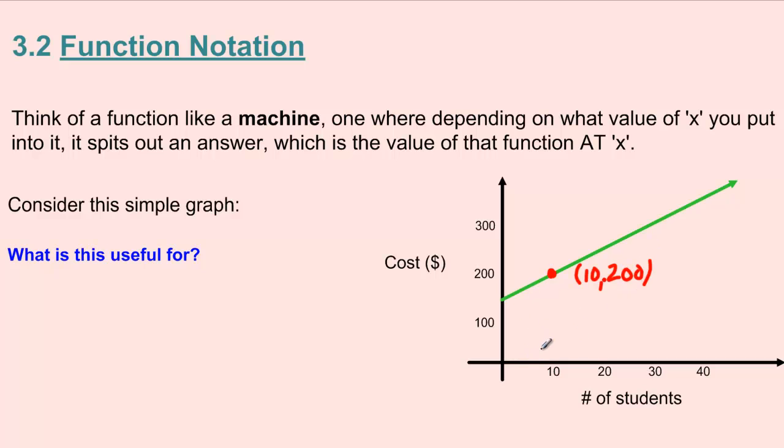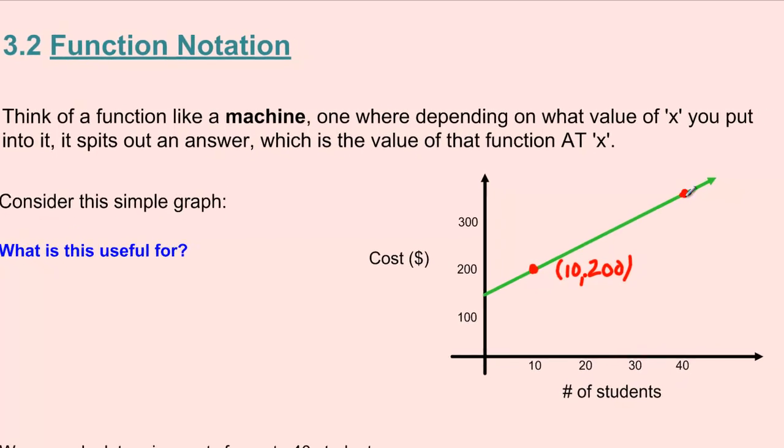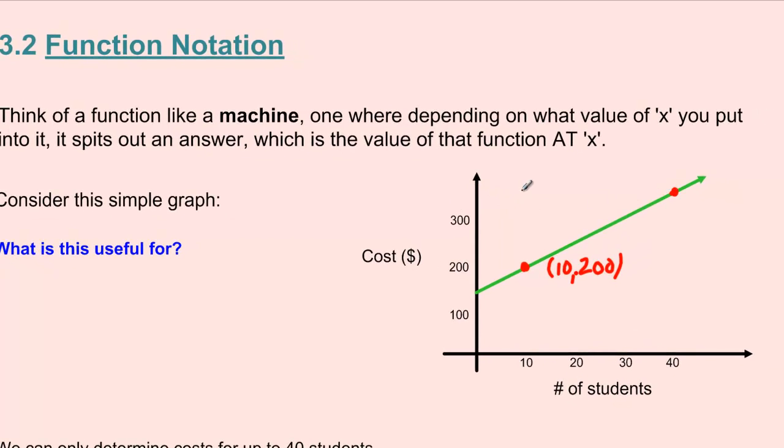And if I wanted to know how much it costs for 40 students, I could go up the line, and for 40 students it's above 300, so maybe 350. We also see that this line continues on forever.